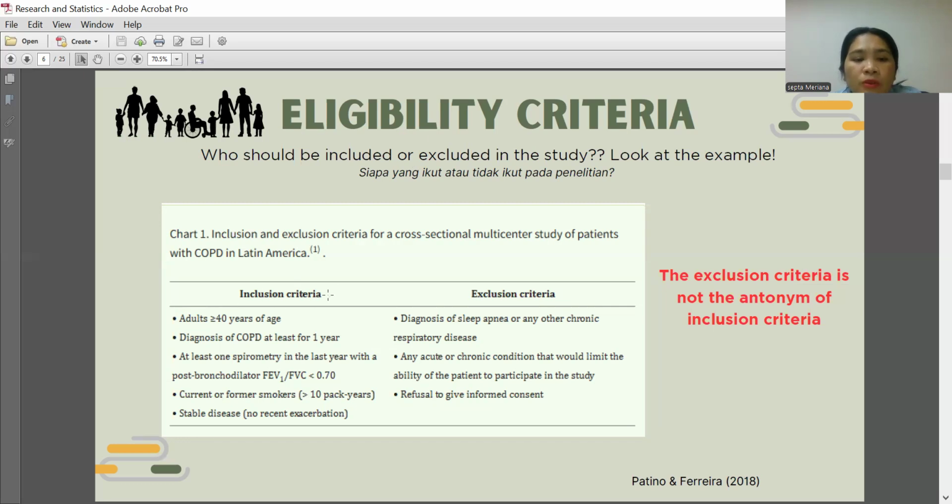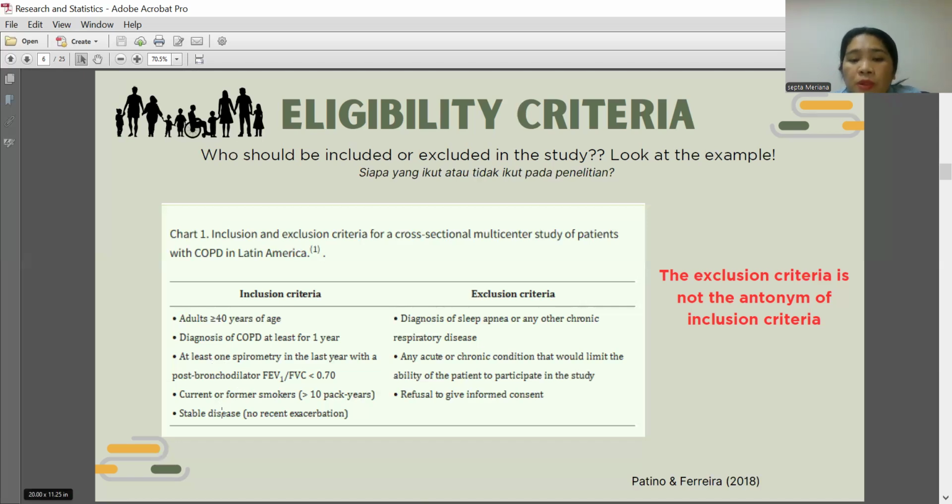The inclusion criteria will be adults above 40 years old, diagnosed with COPD for at least 1 year, at least one spirometry in the last year with post-bronchodilator, current or former smokers, so previously the patient smoked, and in stable conditions.